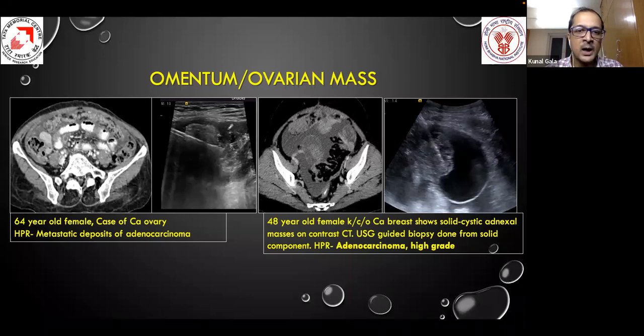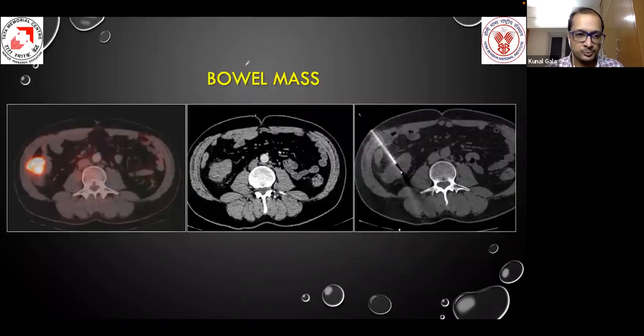In case of carcinoma of ovary, one can perform biopsy from a solid enhancing component, or from an omentum. And even in stage 1C, there would be ascites in the patient, and we can safely perform biopsy in case of ascites also.